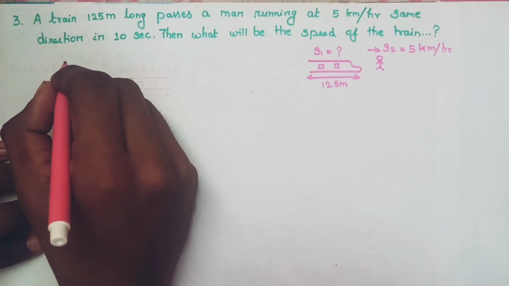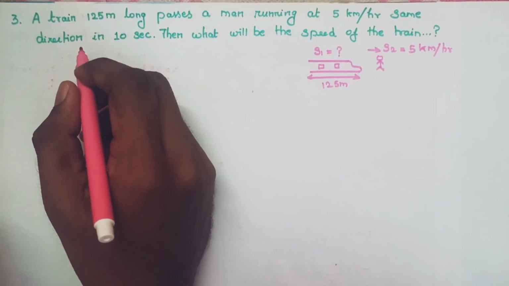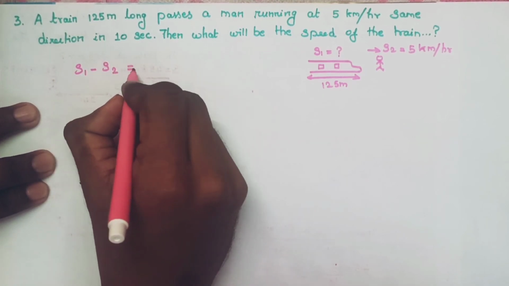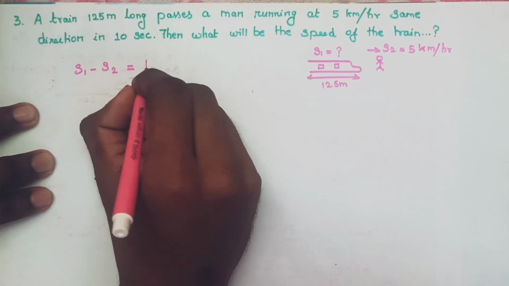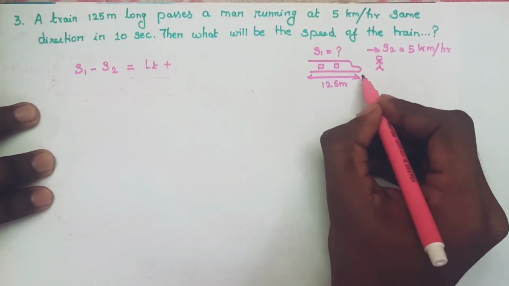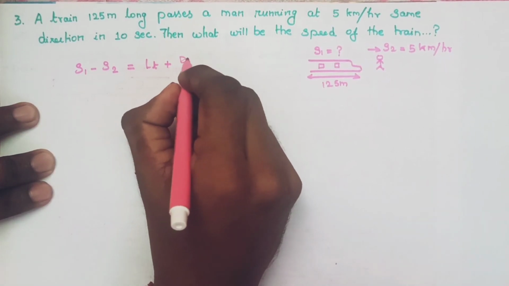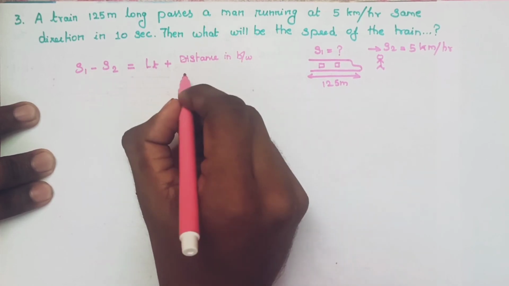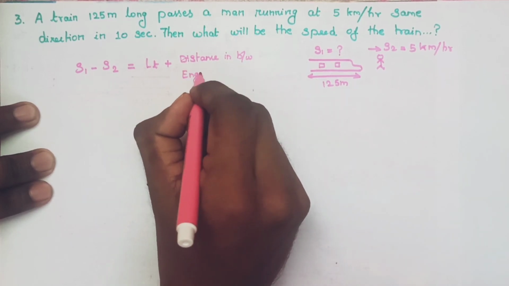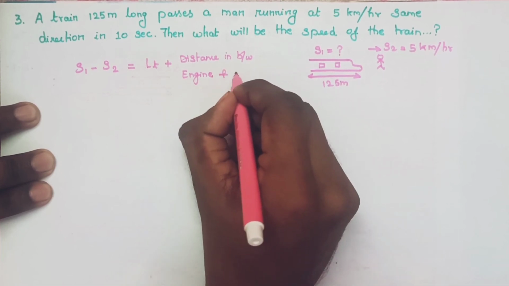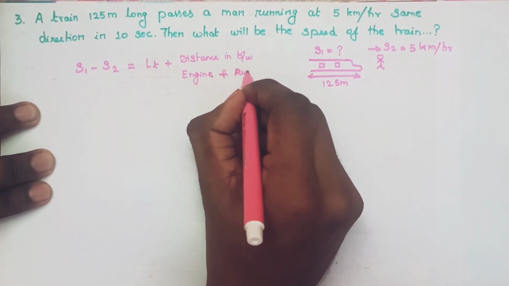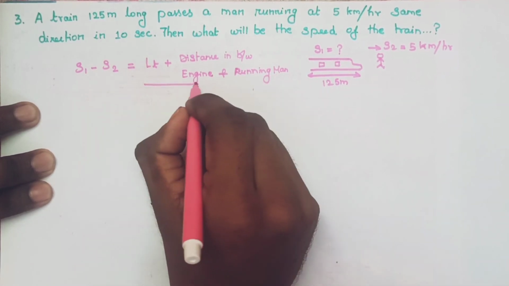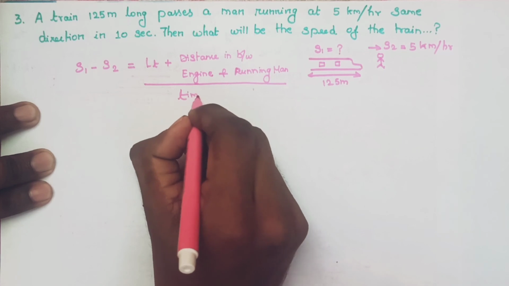Here what is the formula if both the objects are moving in the same direction? We have to subtract speed 2 from speed 1, that is equal to length of the train plus here the distance in between engine and running man, divided by time, right?